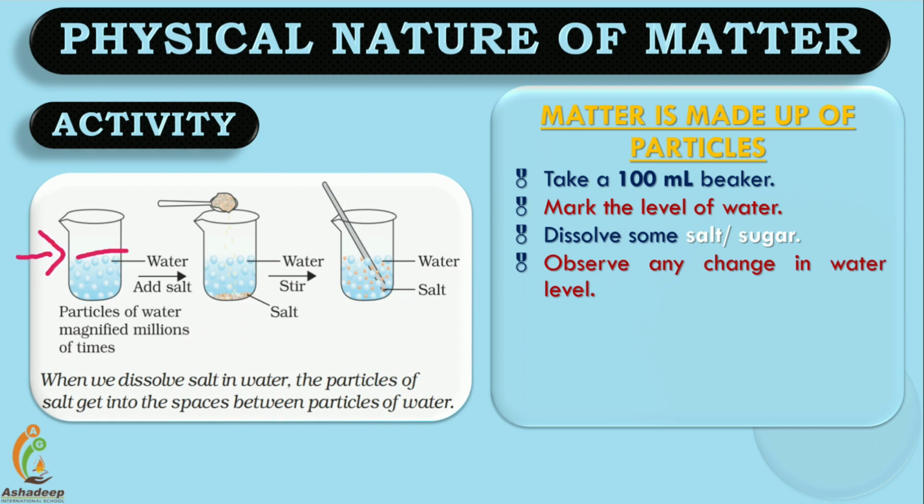Now you can see here, we have filled the beaker with water. After that we are going to put salt and sugar in the beaker and stir it. After stirring, you have to observe any change in the water level.